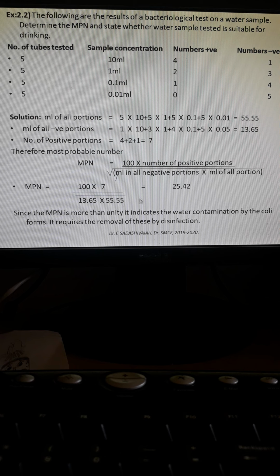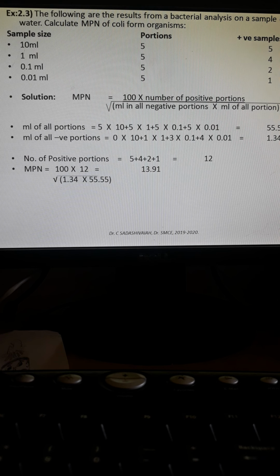If you simplify this equation, you are going to get 25.42. Here also, since the MPN is more than unity, it indicates water contamination by coliforms. Therefore, it requires the removal of these by disinfection. So, this is about the determination of the most probable number.